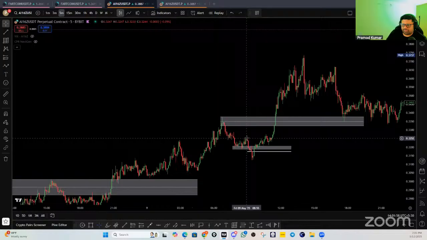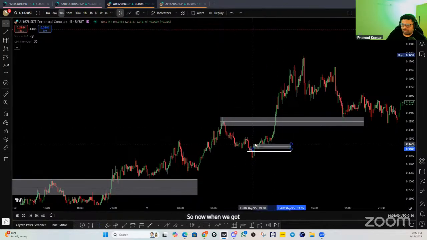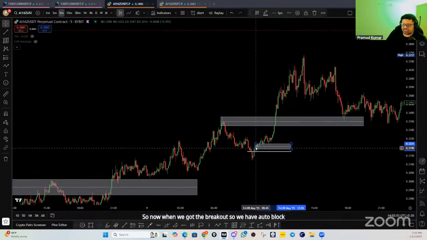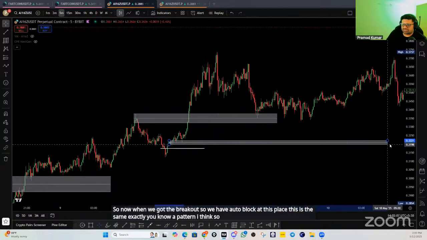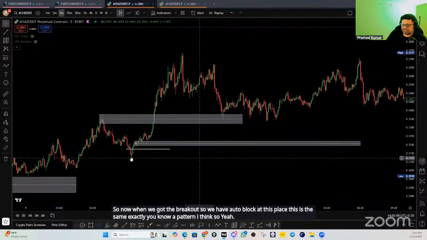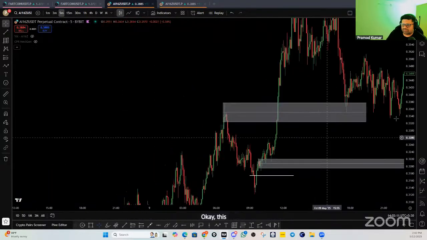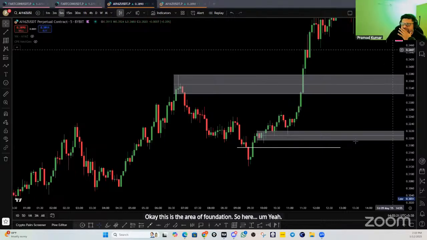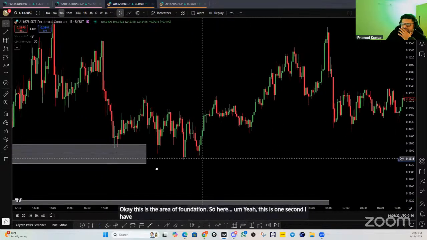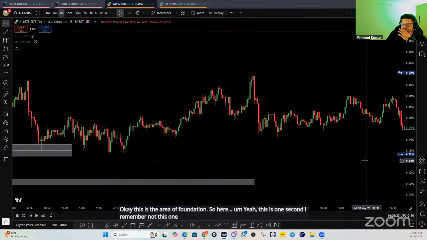Now, when we got the breakout, we have an order block at this place. This is exactly the same pattern, I think. This is the area, I'll just show. Here, yeah, this place. I have remembered now, this one, not here.